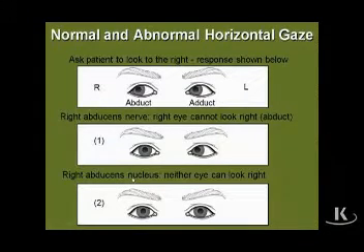The picture at the bottom of the page is an attempt at gazing to the right by a patient that has a lesion not in the abducens nerve, but a lesion in the abducens nucleus.